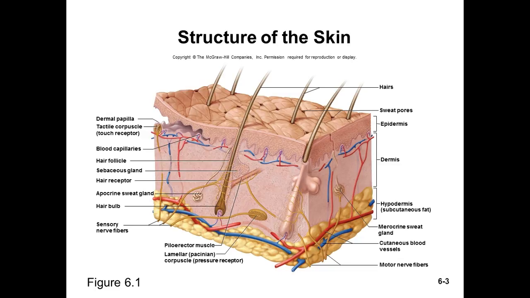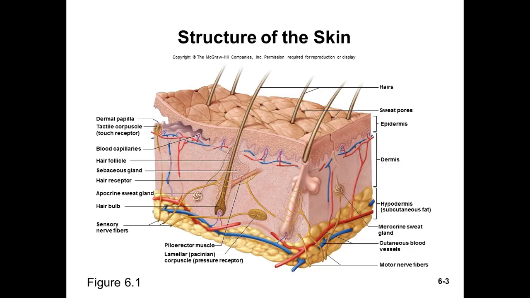You also have a network of blood vessels in that bottom layer. Most of your glands, such as your sebaceous gland, your sweat glands, the hair follicle, the hair bulb, the root, and receptors for the hair are in the dermis.